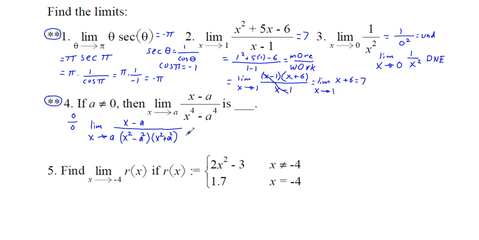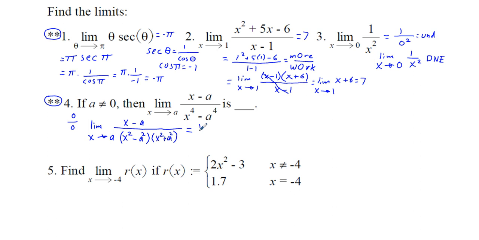Okay, well, if we substitute in, we would still be stuck in the same situation with 0 over 0.